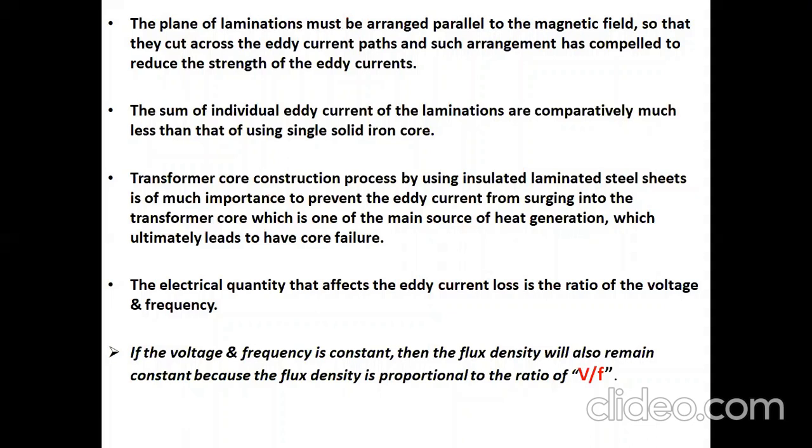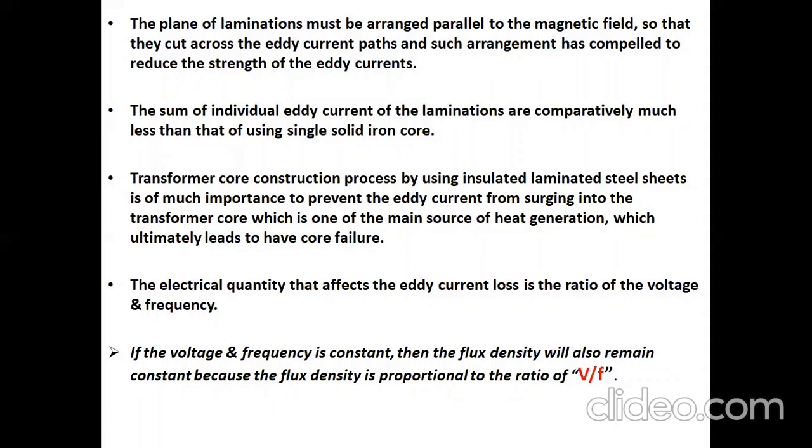The sum of the individual eddy currents of the laminations is much less than that of a single solid iron core. Transformer core construction using insulated laminated steel sheets is of much importance to prevent eddy currents from surging into the core, as they are one of the main sources of heat generation, which ultimately leads to core failure.